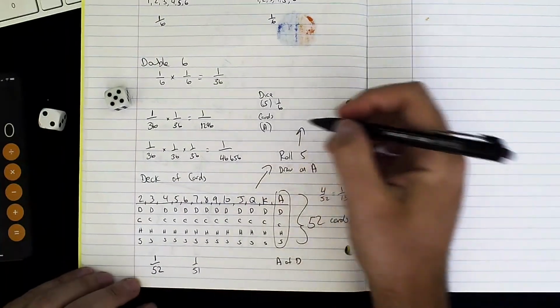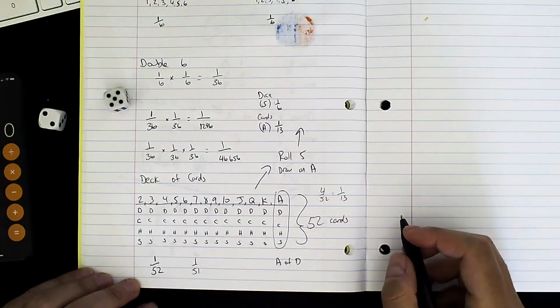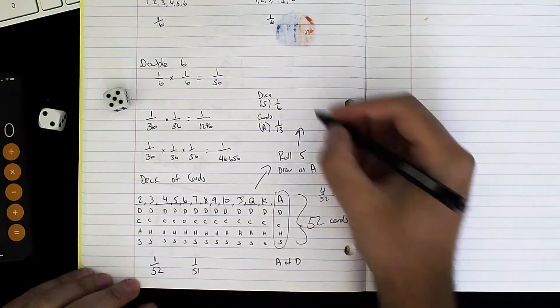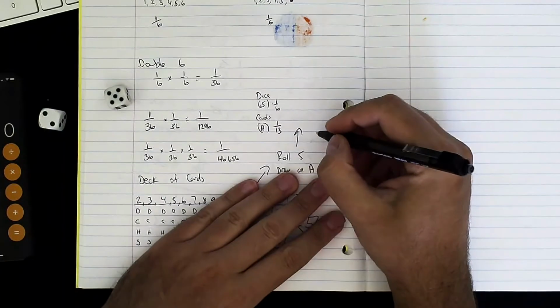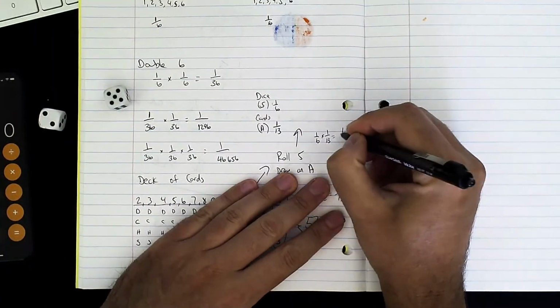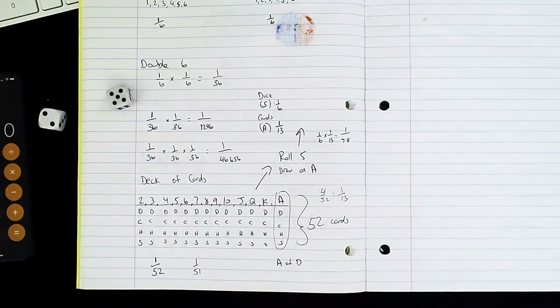And that's why I was pushing it too. So to get an ace is 1 over 13. Now to get the probability of you winning this game, you must take 1 over 6. You need to multiply it by 1 over 13. And the answer you will find is 1 in 78. You have a 1 in 78 chance of winning this game.